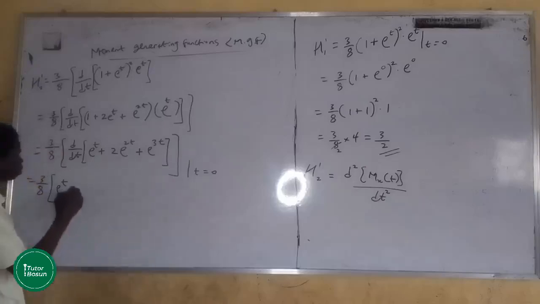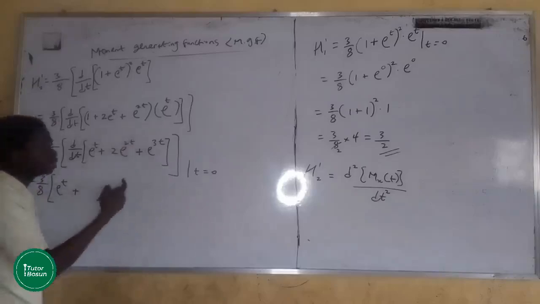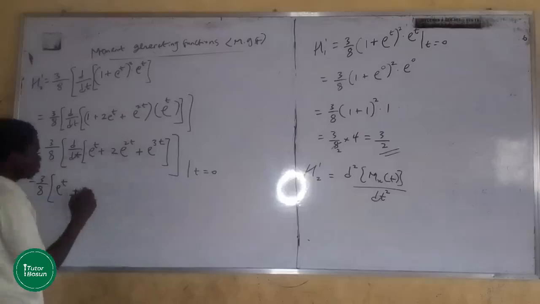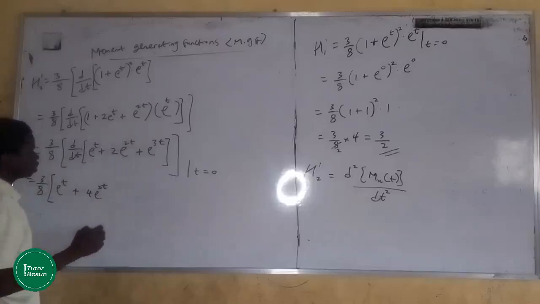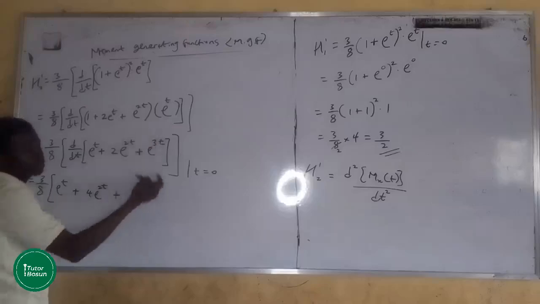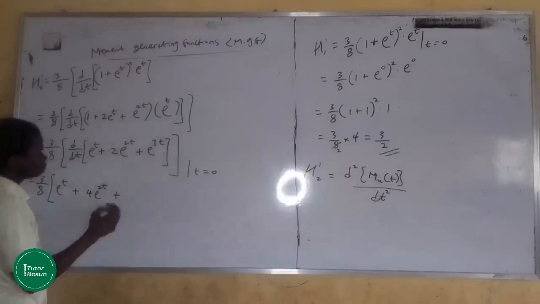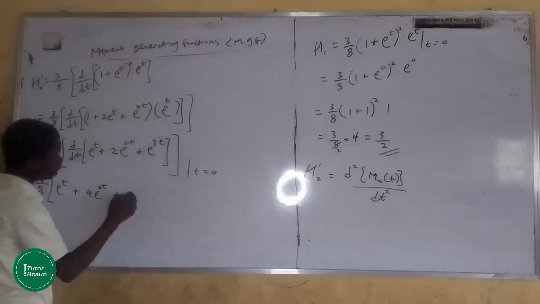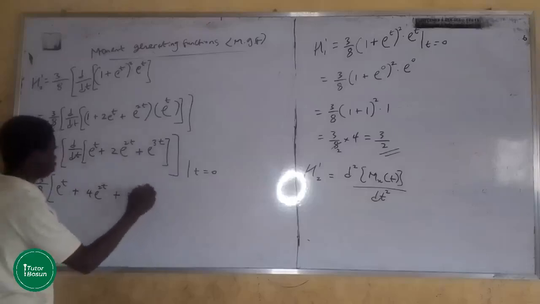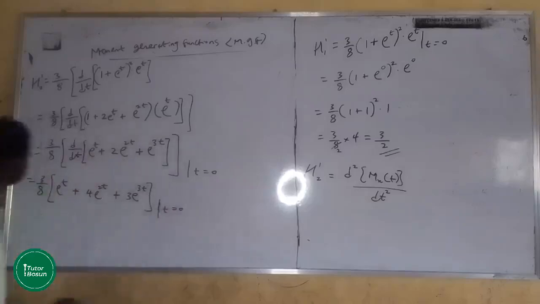So this automatically gives us plus 2 times that 2, that's 4. Plus 4 exponential 2t, plus here we have exponential 3t. Differentiating 3t gives you 3, and that's automatically 3 exponential 3t, taking t to 0.